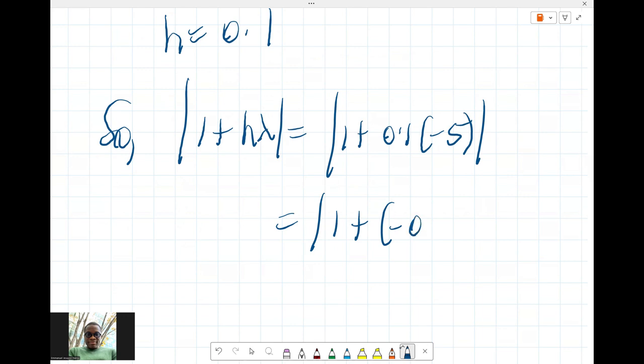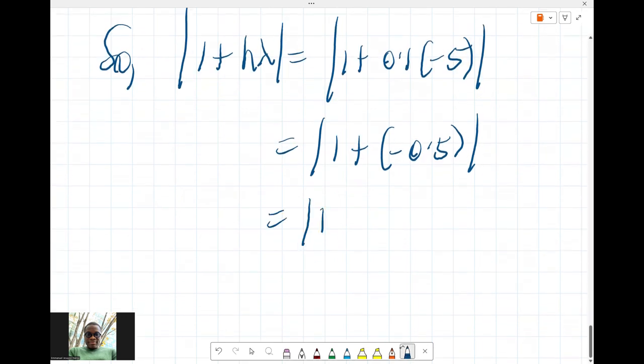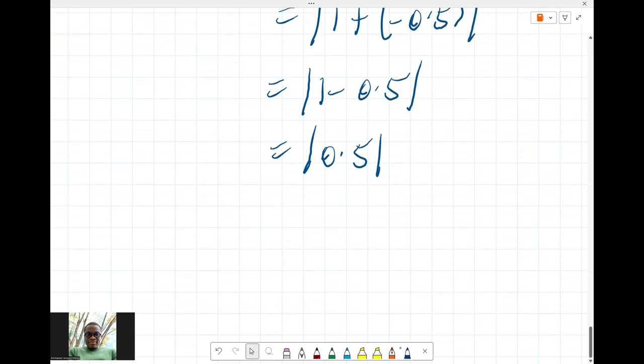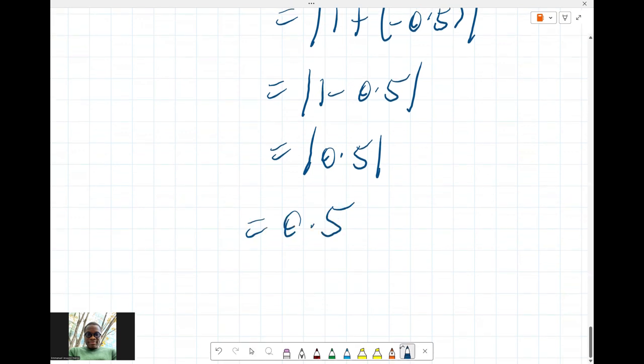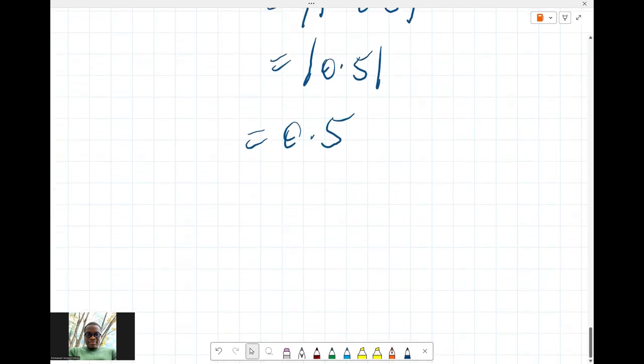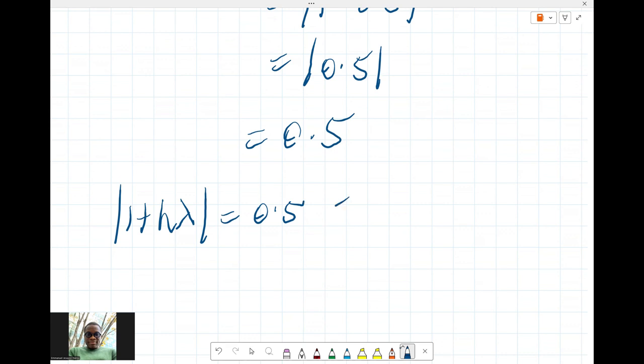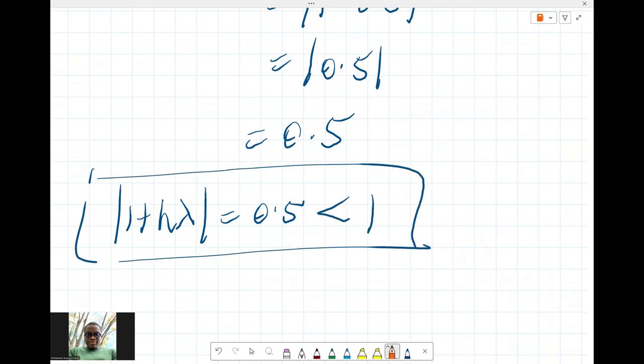That's minus 0.5. So that's 1 minus 0.5, which is the absolute value of 0.5. So the absolute value of 1 plus h lambda is equal to 0.5, and that's clearly less than 1.